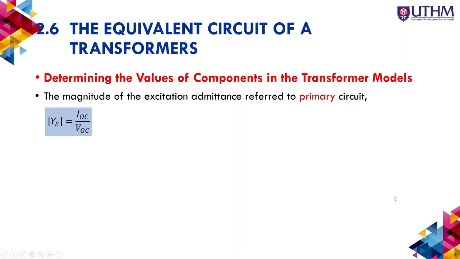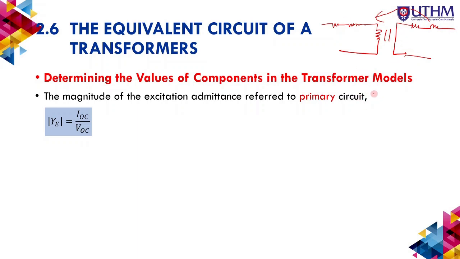Okay. And then the magnitude of the excitation admittance refer to the primary circuit. Okay, yalah, as we know transformer kan ada dua kan, ada dua part. Okay, so ni saya simplify kan, dia ada dua part sini, so sini pun ada R. Okay, and then kita transferkan dia ke sini lah, kita transferkan ke semua komponen tu.